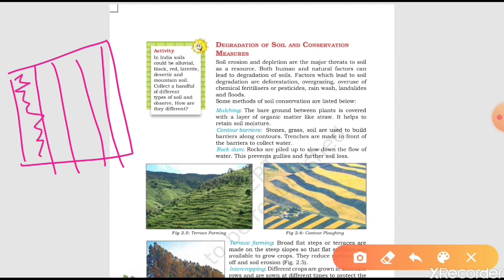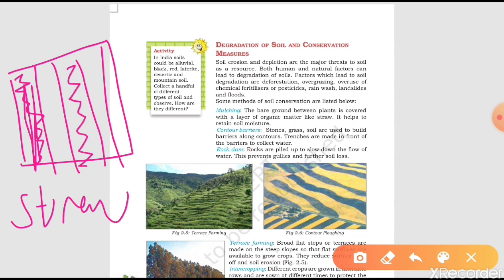One strip is covered with straw or other organic matter and the other is covered with crops. Then again one strip is covered with straw and then crops, and then straw or organic matter and then crops. These days mulching paper is being used for mulching.